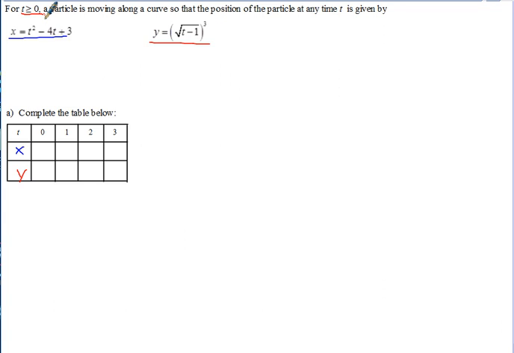So if we plug in 0 for t, it wipes out everything but the 3. So the x-coordinate this time starts at 3. And for the y-coordinate, notice what happens here: we get an imaginary number.